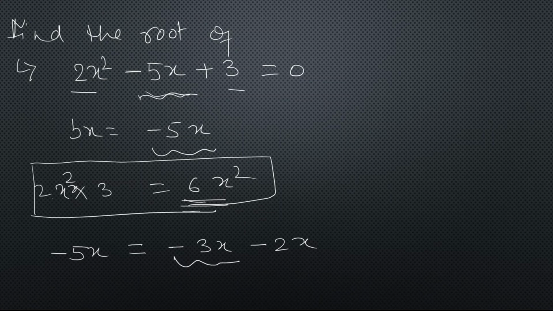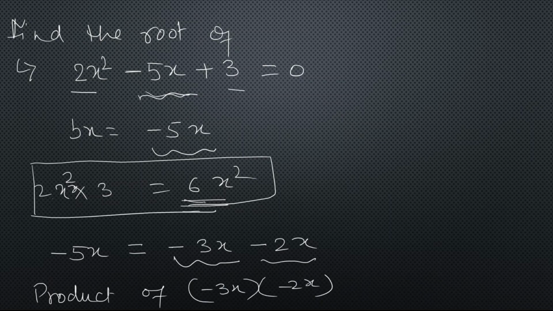And if we find the product of minus 3x into minus 2x, what I said earlier, we will split the middle term. So, we split it, minus 5x is equal to minus 3x minus 2x, and the product becomes 6x square, right? So, our split is okay. This is 6x square and this was 6x square. So, we can split it like this.